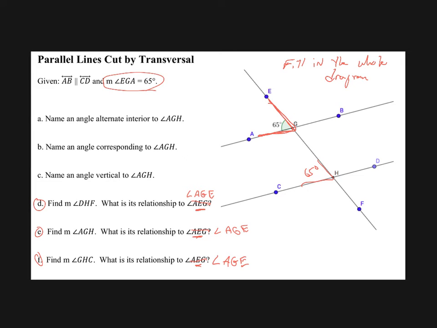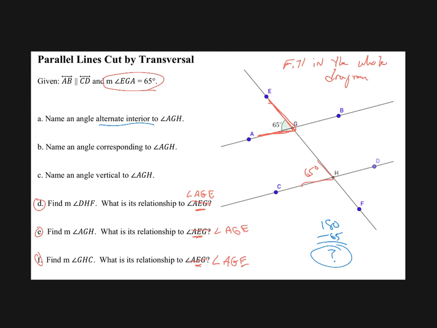So label 65 everywhere it goes, and then, to get the other angle measure, it's going to be 180 minus 65, and that's going to go in the other 4 places. So there should be 4 places that have 65 degrees and 4 that have that other value. And then we just start going along the lines of alternate interior angles, alternate exterior, corresponding, vertical, and so on.